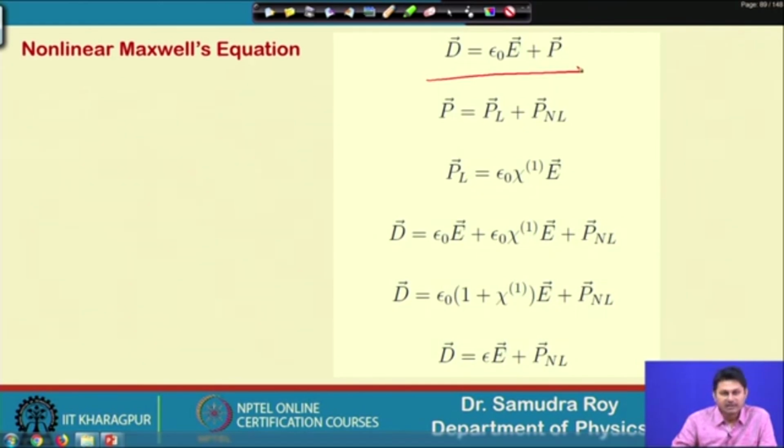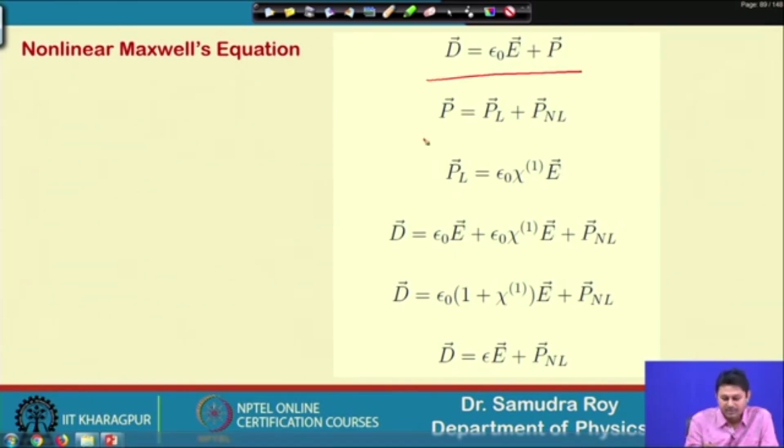If I launch the electric field, that does not ensure that the polarization will be in the same direction. Especially if the medium is anisotropic in nature, then if I launch an electric field in one direction, the polarization will be in another direction. We will come to this point later, but here more importantly we need to introduce the nonlinear polarization.